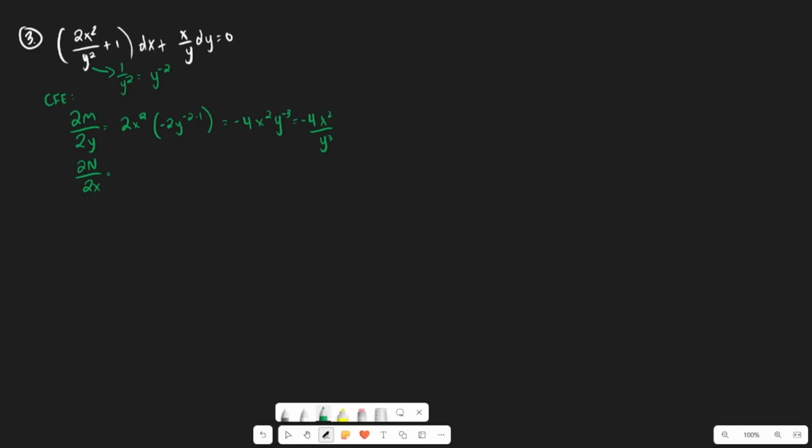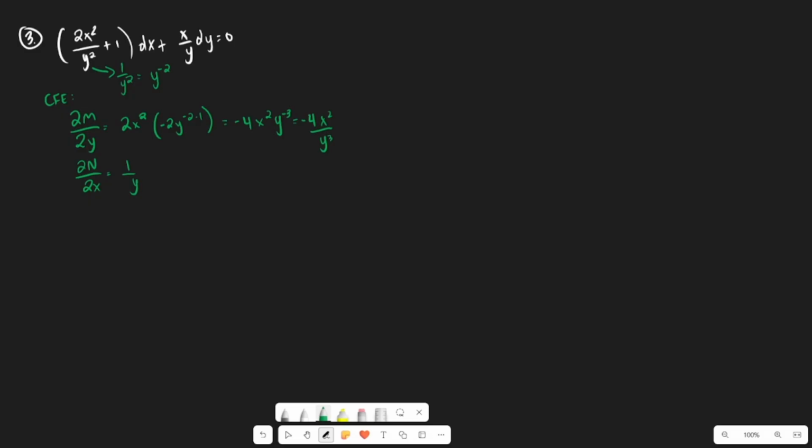Next, let's find the partial of N with respect to x. Take out the 1 over y, then we get the derivative of x, so that's just 1. So this is the partial derivative of N with respect to x.